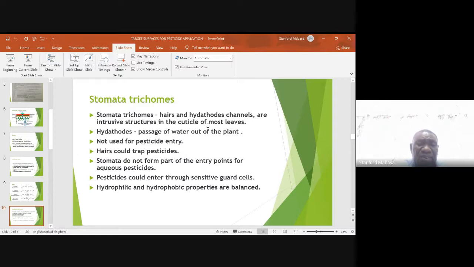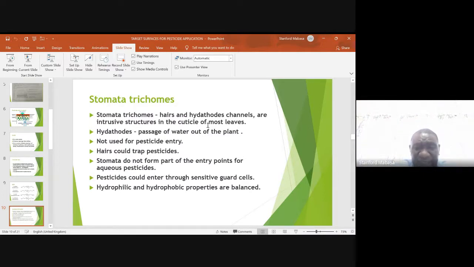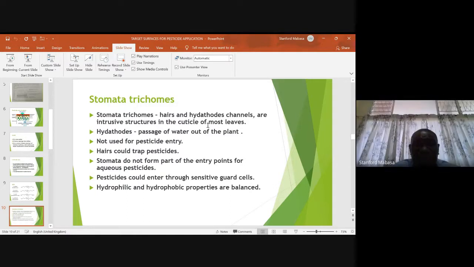So the characteristic of the cuticle is that it is hydrophilic, that is, it can allow water to mix with it, and also hydrophobic, it may not mix with water.